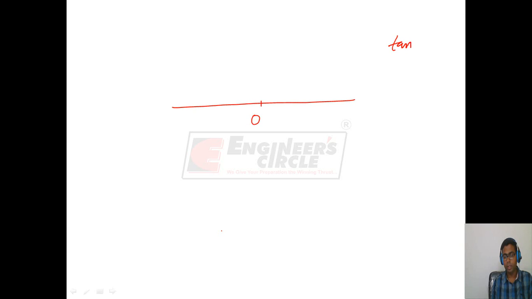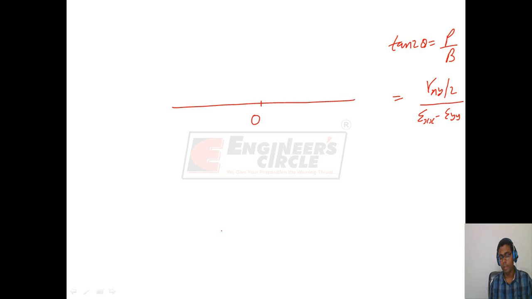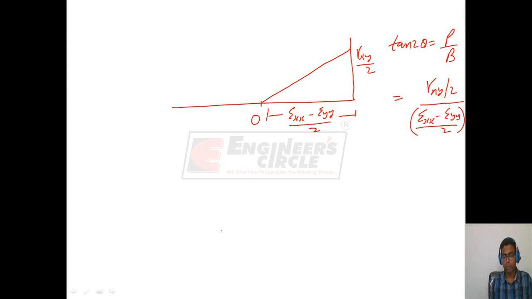Remember that tan 2 theta is equal to perpendicular upon base, and the perpendicular in this case is gamma xy/2, and the base is (epsilon xx minus epsilon yy)/2. So we draw a perpendicular which is gamma xy/2, and the base is (epsilon xx minus epsilon yy)/2. This gives us the value of 2 theta.